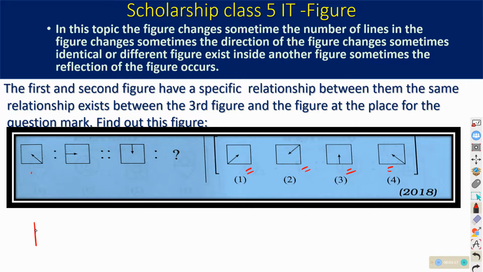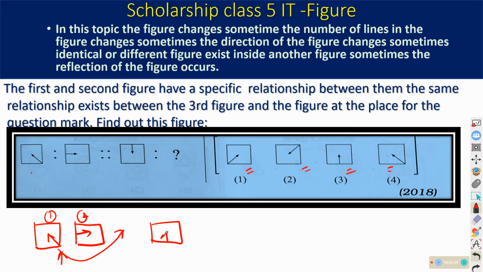If I draw this figure here simply, here is a square and an arrow mark, and the same square is there with no change in the square, but the arrow mark shifted here. So if this is the first figure and this is the second figure, the arrow mark which was in the corner has shifted to the center of one of the sides, and one rotation has been done. That means in the first step the figure became like this, and next it was turned once like this, then we got this.